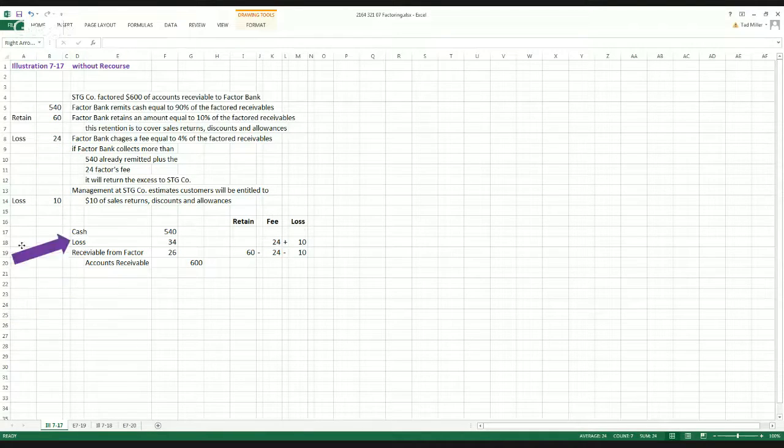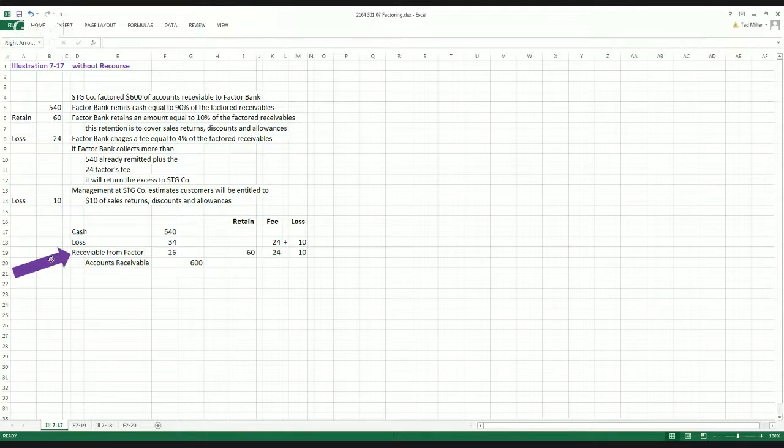And management estimates that we'll have about $10 in sales discounts, sales returns, and allowances. So we're going to estimate our loss as $34: the 4% fee plus the $10 that we don't think will be collected because of sales returns and discounts. So we're going to have a loss of $34.